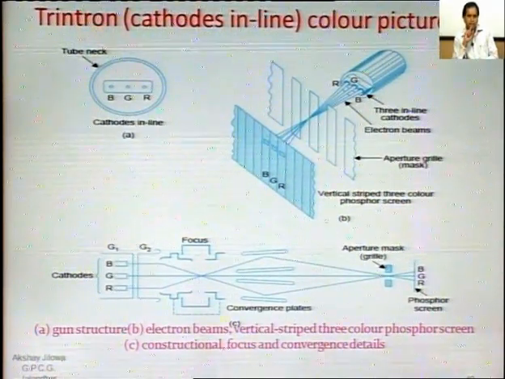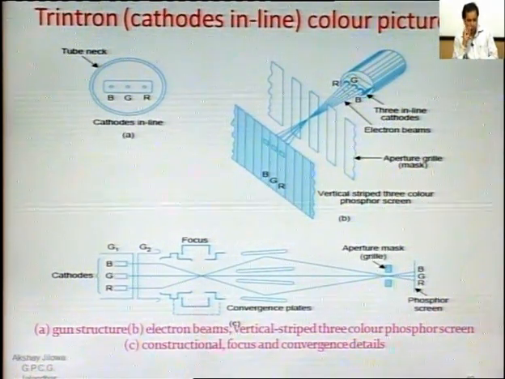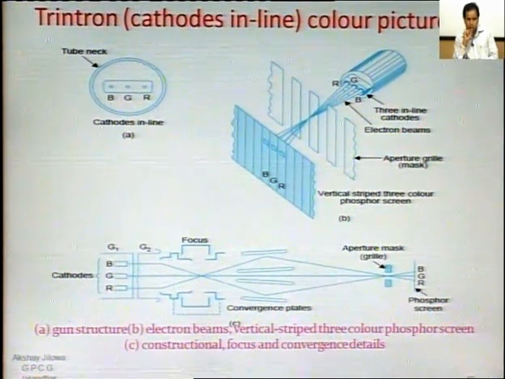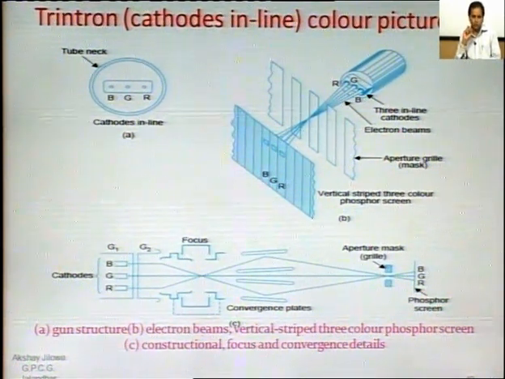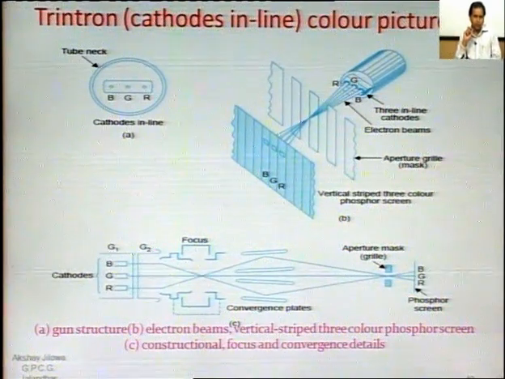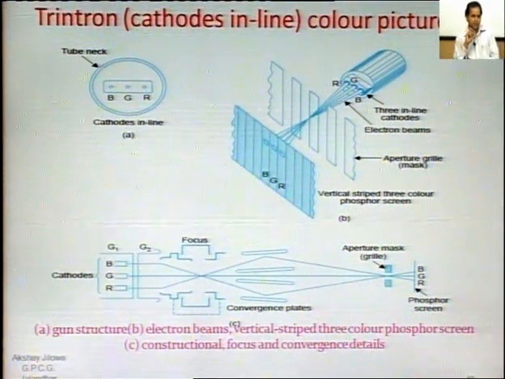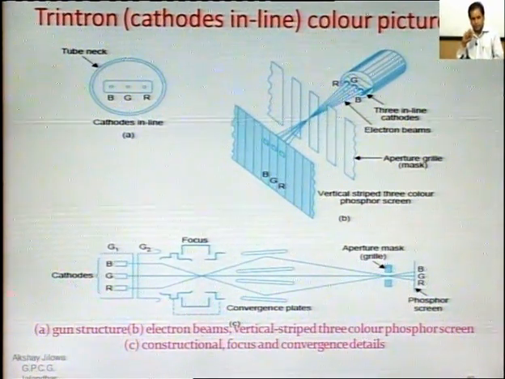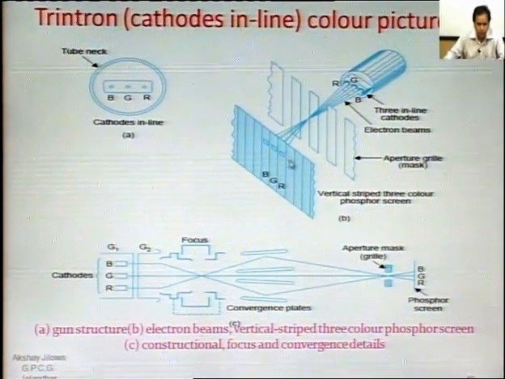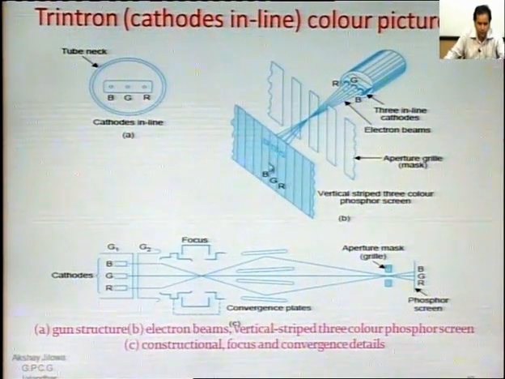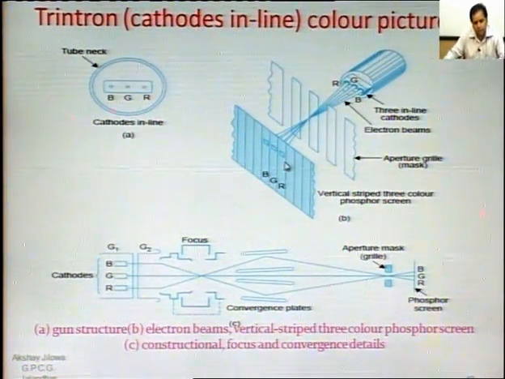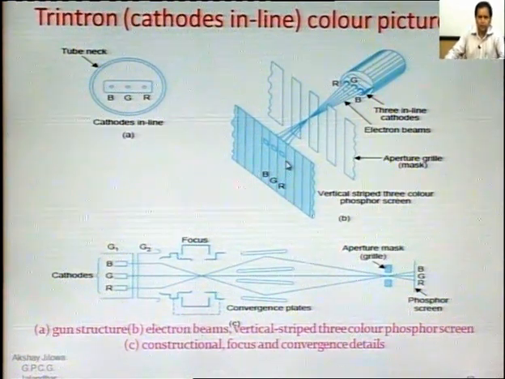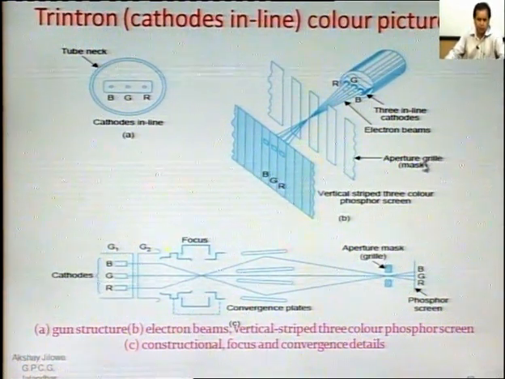For this reason a third tube was developed. This was called Trinitron, or cathode in line color picture tube. In this picture tube we have the gun structure, electron beam, and a vertical striped three color phosphorus screen. Here you can see the three phosphorus stripes are vertical, as in precision in line, but the other difference is the aperture grill mask.